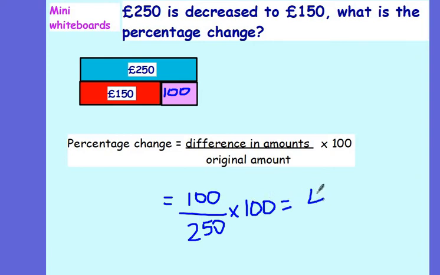And this time we've got a 40% decrease. Sorry, that says decrease. 100 divided by 250 times 100 gives me a 40% decrease.